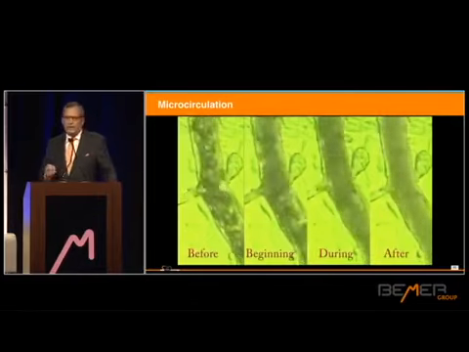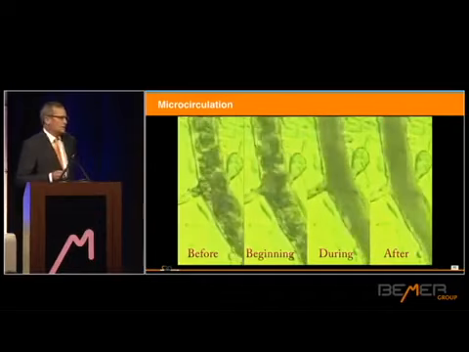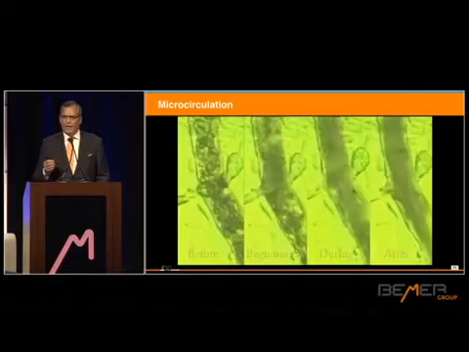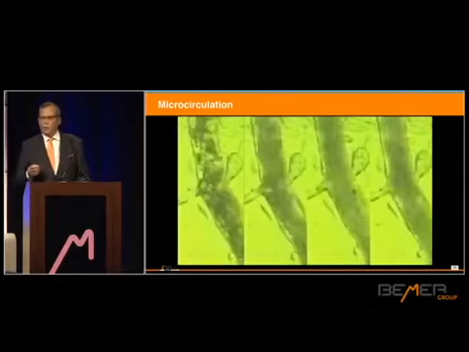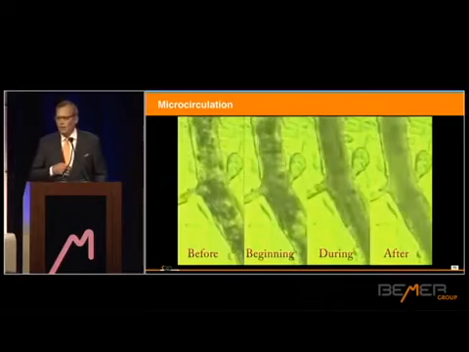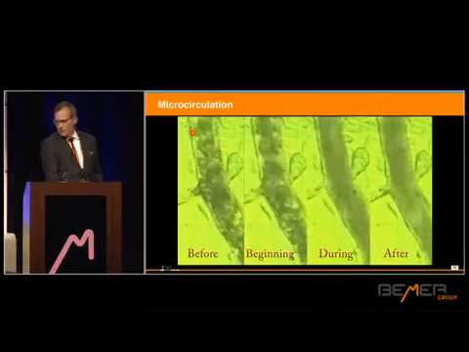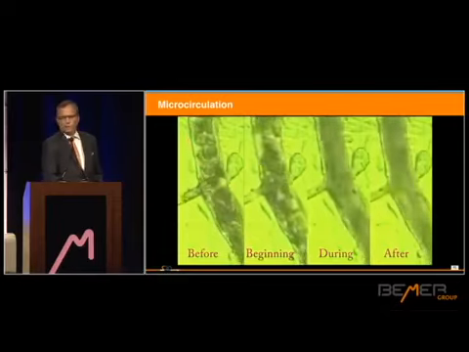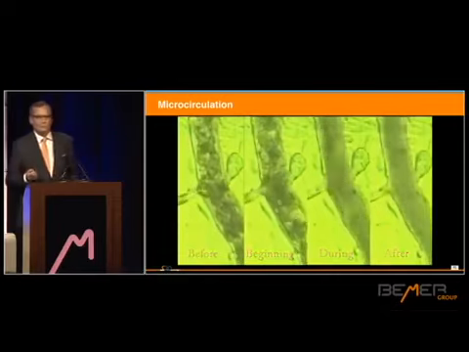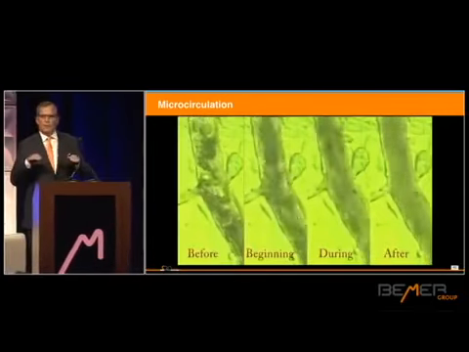The micro circulation is vital in providing oxygen and nutrients to every cell, to every tissue, to every organ, including in this case, in the person having a heart attack. So on the left, you can see this flow here is pretty sluggish. And I use the analogy of sort of like a traffic jam in LA.